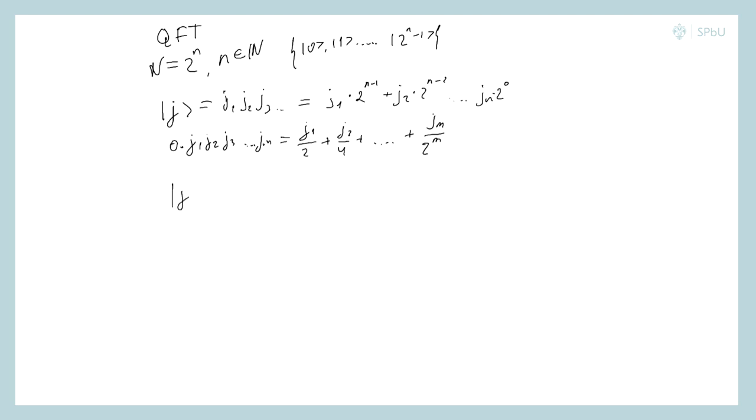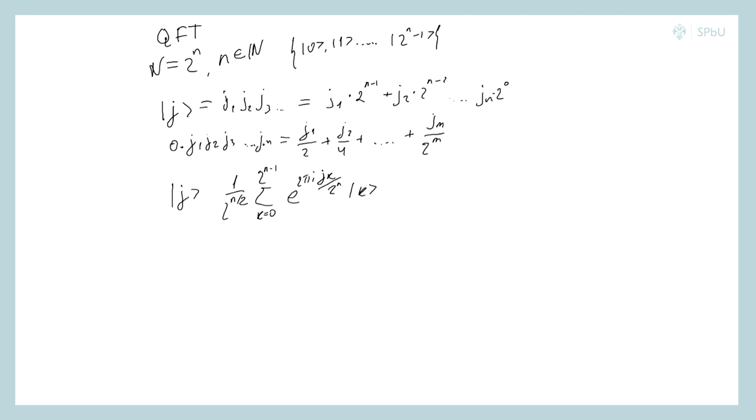So the state j goes to 1 over 2 to the power of n/2, the sum over k from 0 to 2 to the power of n minus 1, e to the power of 2 pi i j k divided by 2 to the power of n, on the state k.